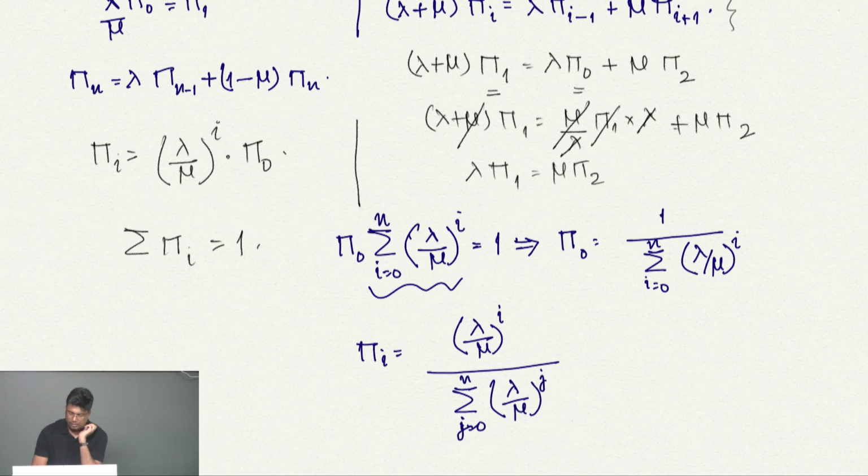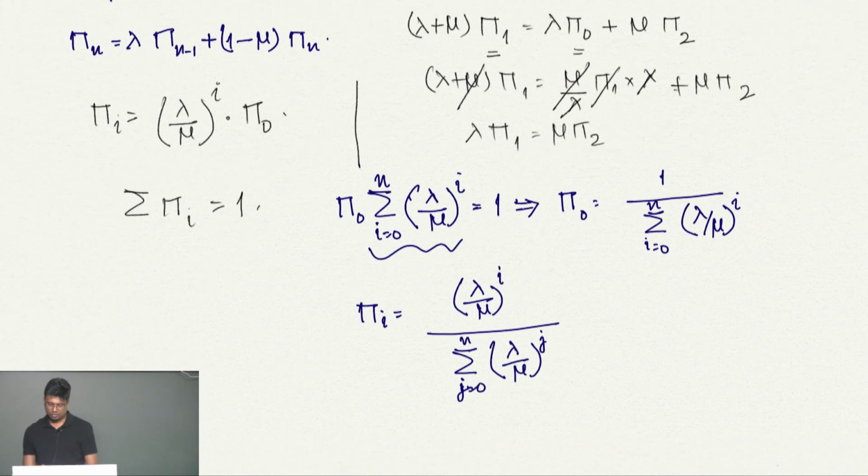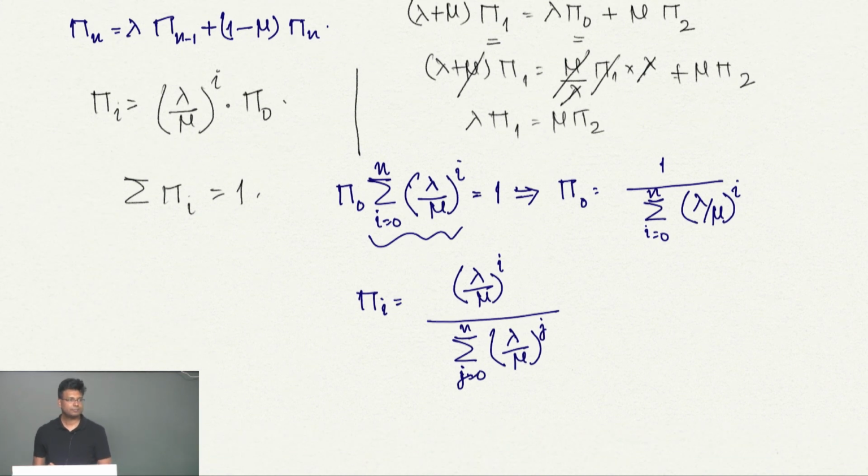So now, let's say here n is finite. If n is not finite, what will happen? Right, it becomes an infinite geometric progression sum.